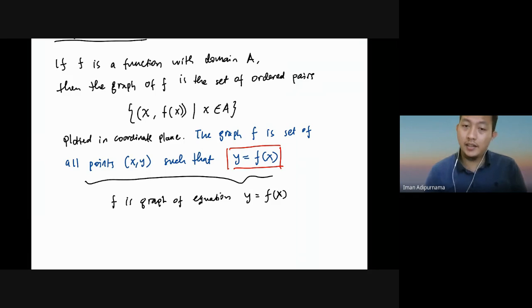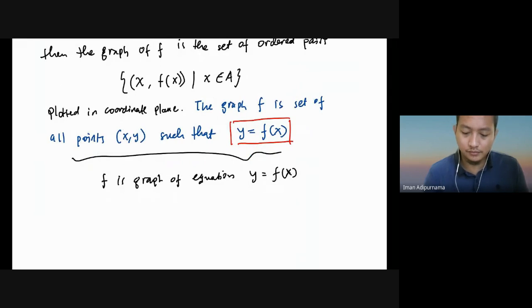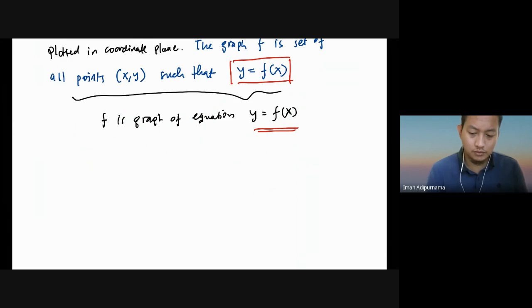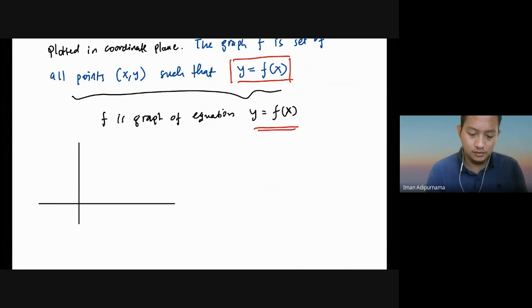I think this is a very basic concept of a function. Sometimes you forget that, because we already mentioned many times that y is equal to f of x. When you have random functions like that, you need to define first that this is y equals f of x.